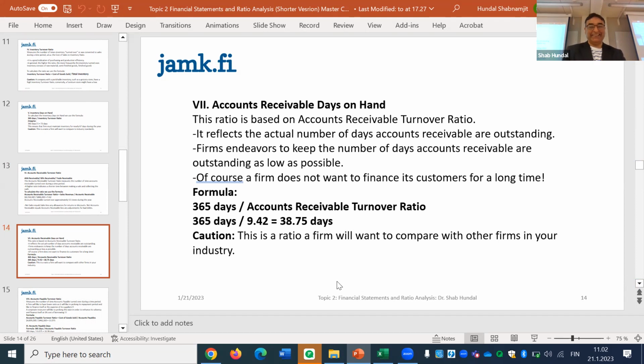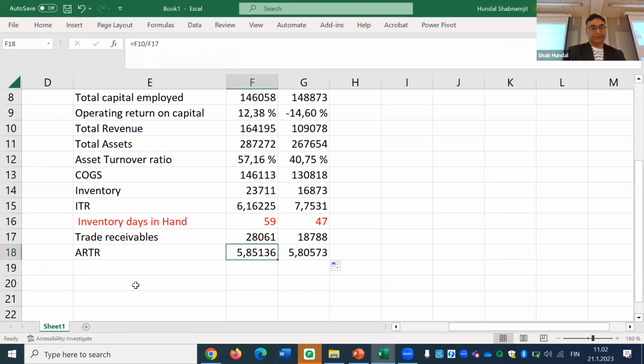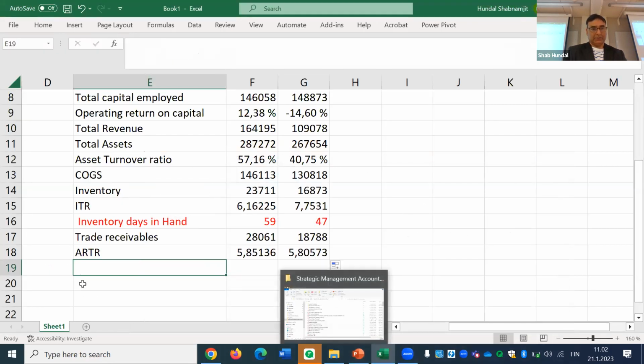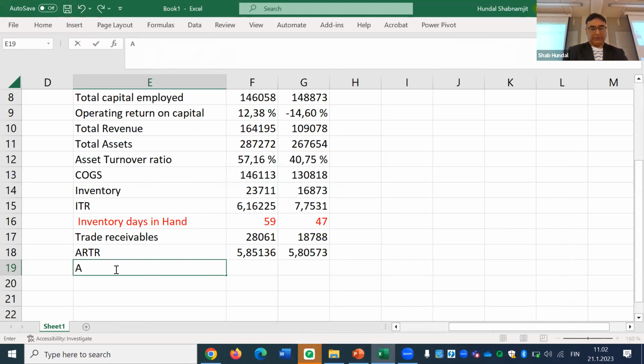Shorter days, okay. So in this fictitious company's case, the seller has to wait 39 days before the customer would pay. And now we do the same thing here. So we can call it accounts receivable days in hand.